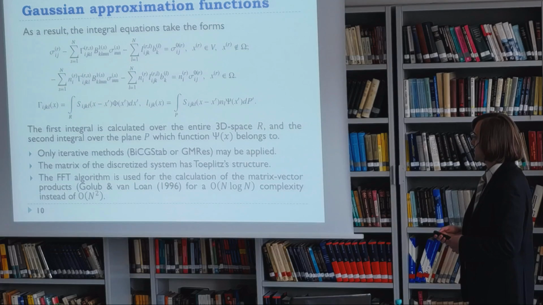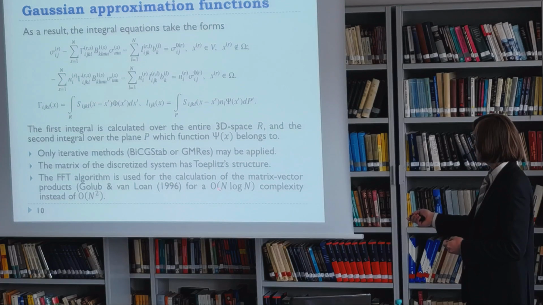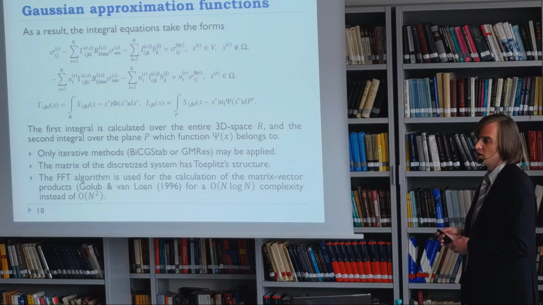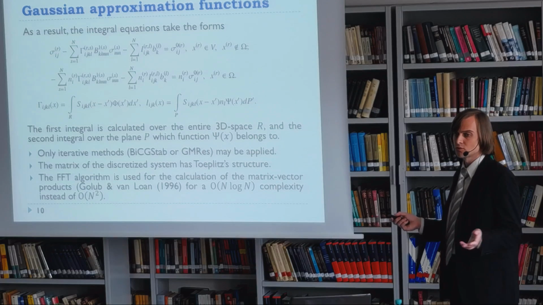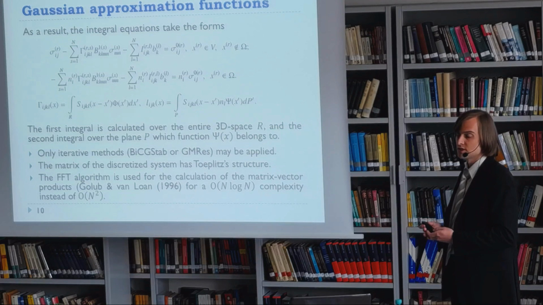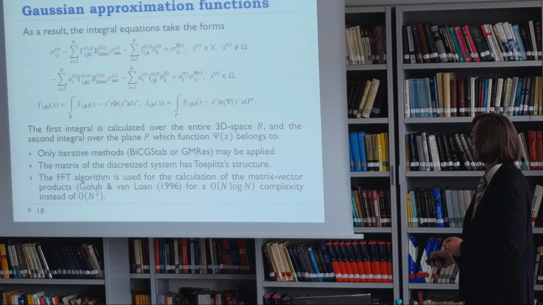This method reduces drastically the computational complexity, so it becomes n log n instead of n squared for a huge matrix of about thousands of nodes on each side, which is a very big improvement in terms of efficiency of calculation.